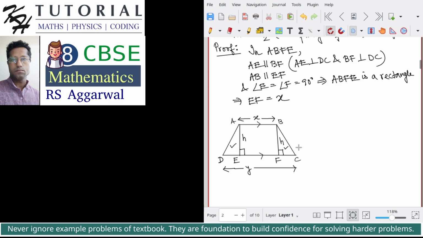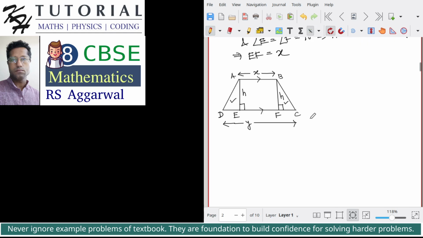Now, how do we find the area of triangle ADE? If we need to find the area of the triangle ADE, we need to know its base, that is, we need to know DE. Height we know, because height is H, height is AE.